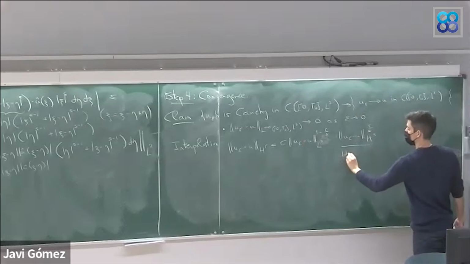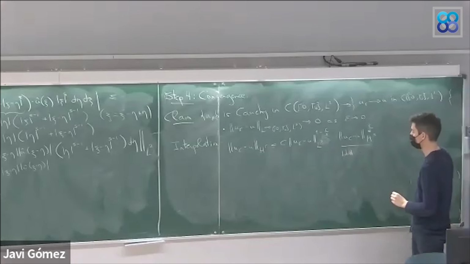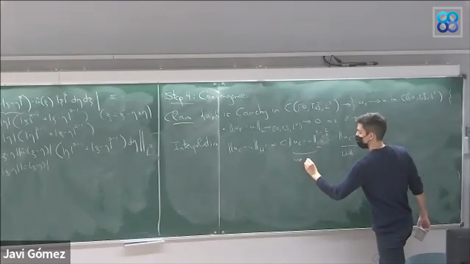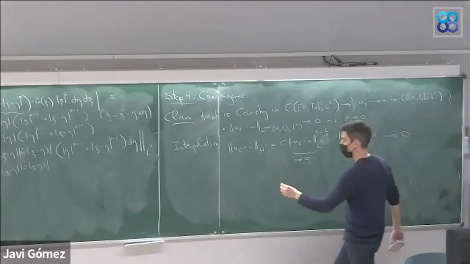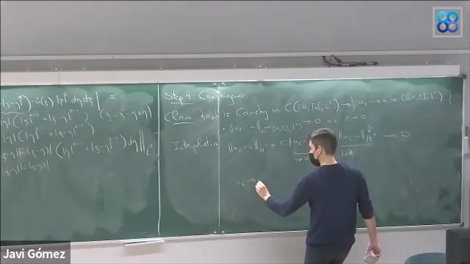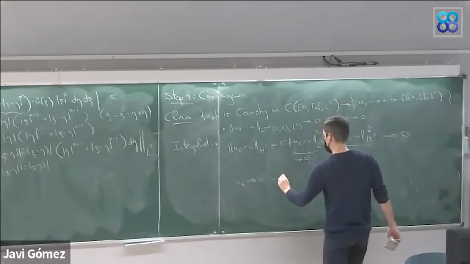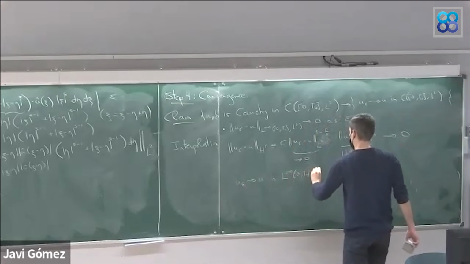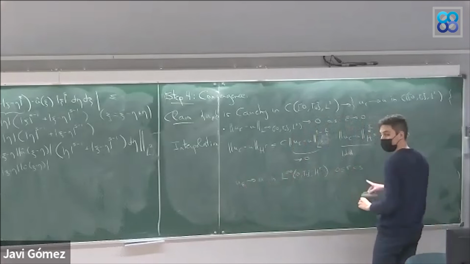This part is bounded from the uniform bound, and this part here goes to 0. So this is basically the idea that we have also a strong convergence for some u epsilon going to u in L infinity HR with R less than s.